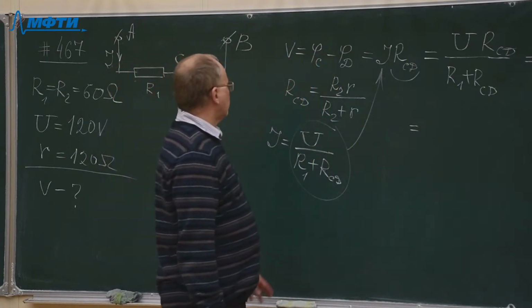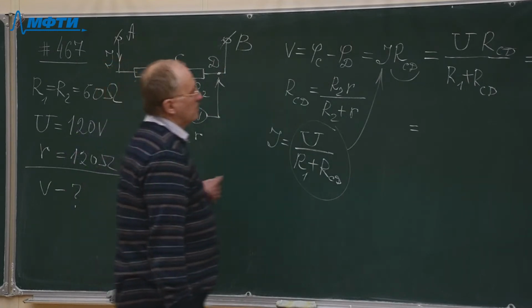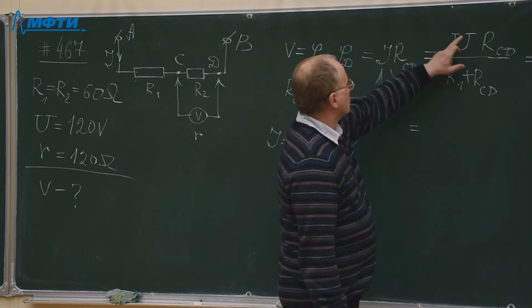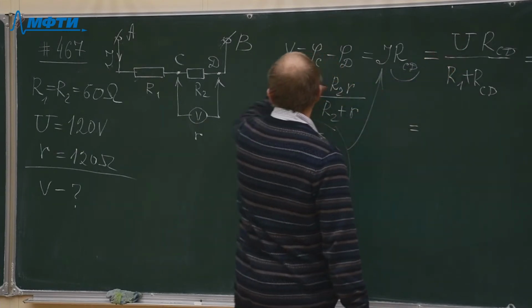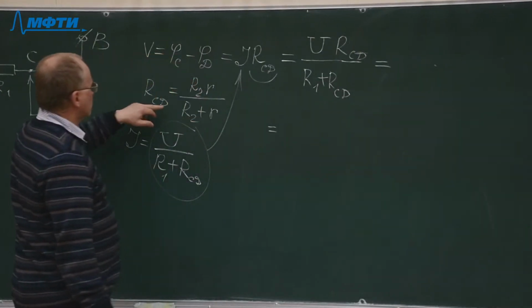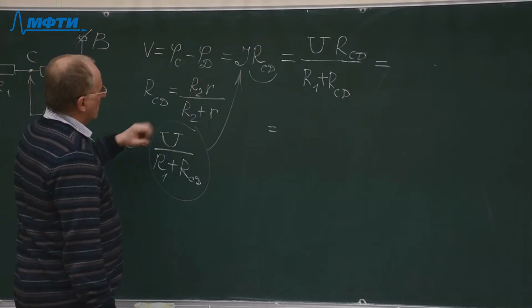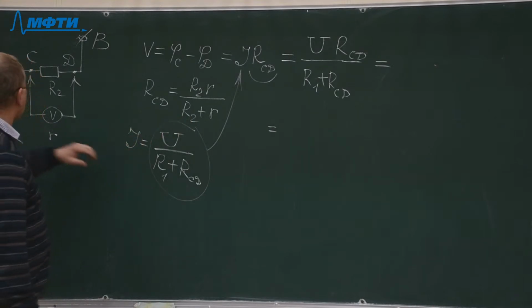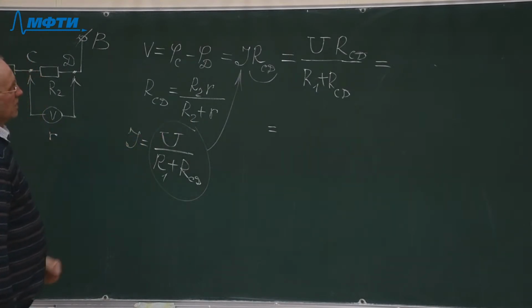So everything is given in the problem to conclude calculations. The total potential difference between points A and B is given, the resistance R1 is given, and the resistance RCD can be calculated because all the quantities in this formula are given in the problem.